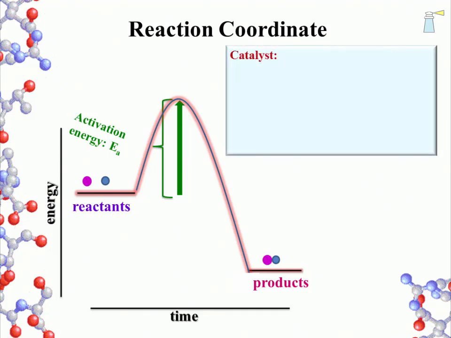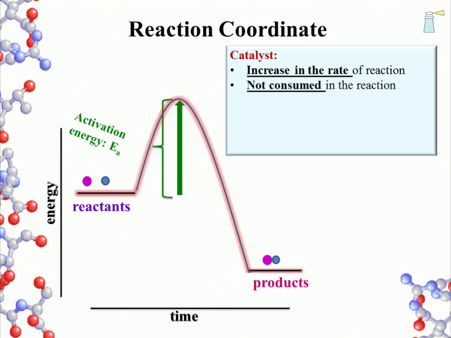It is the introduction of a substance called a catalyst. Catalysts increase the rate or speed of the reaction. They speed up a reaction. Reaction rates are covered in the kinetic portion of this series of energy lectures. Importantly, a catalyst is not consumed in the reaction. It participates in the reaction, but in the end, it is returned to its starting state.